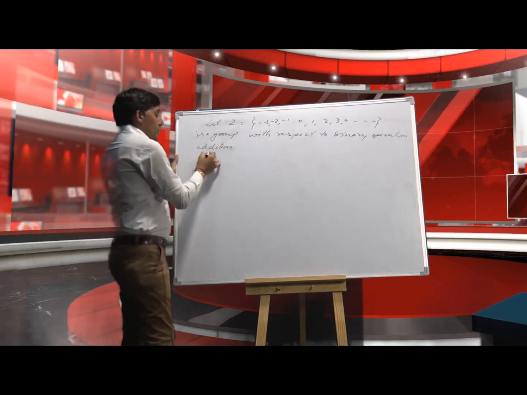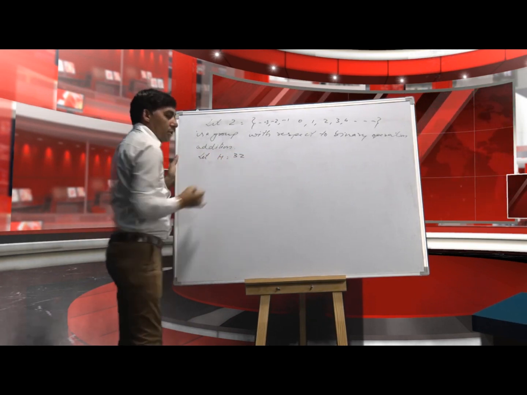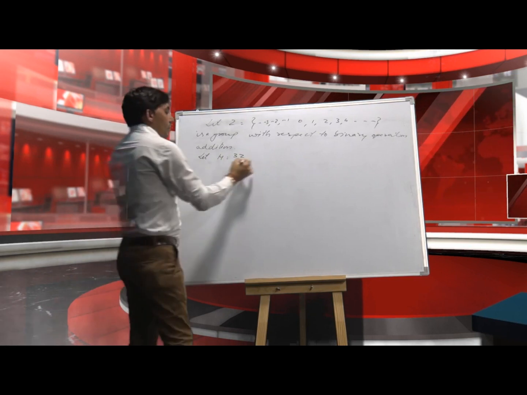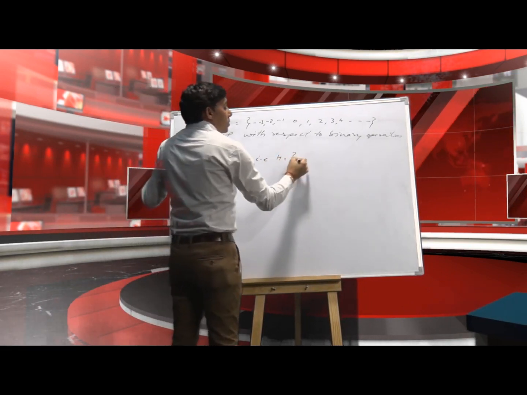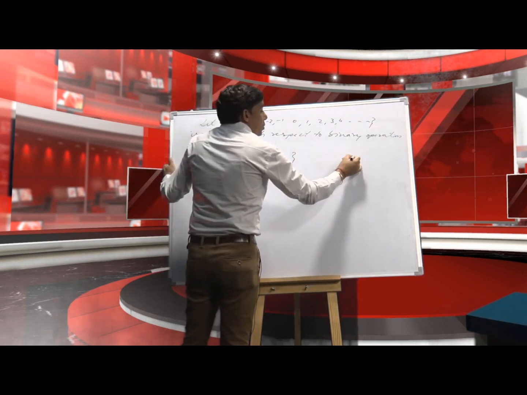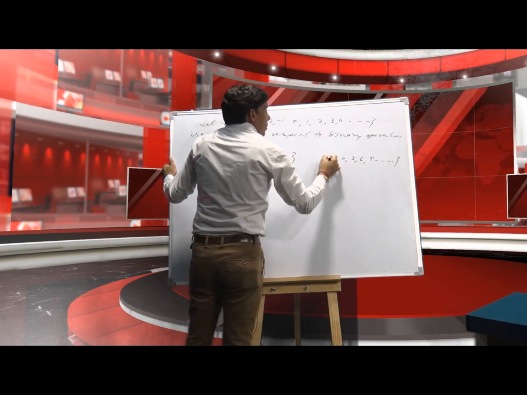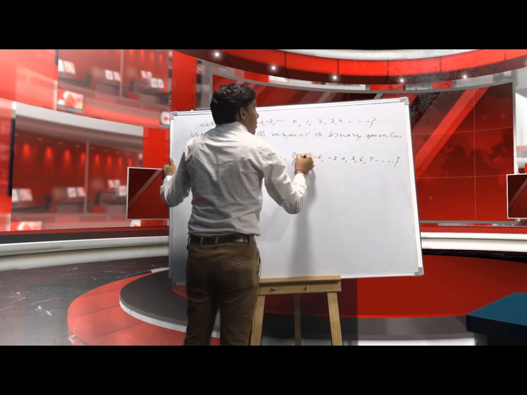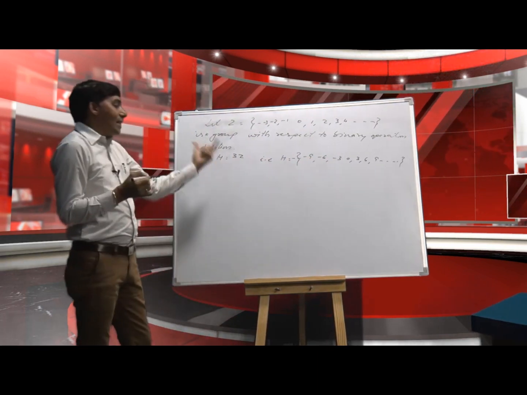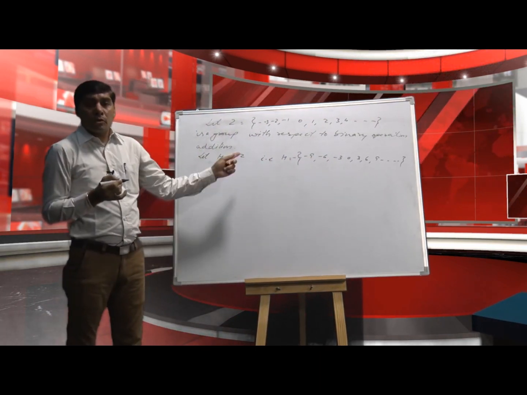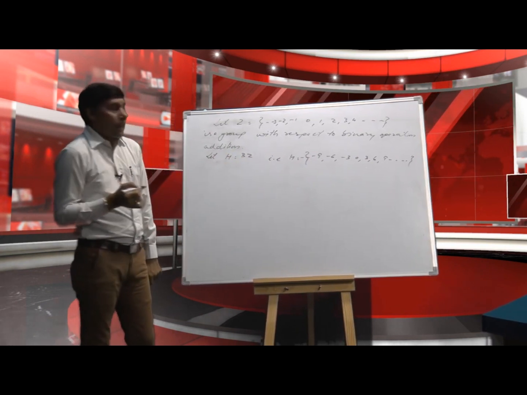Let H equal 3 into Z, that is, H equals 0, 3, 6, 9 and so on, minus 3, minus 6, minus 9 and so on. That means H is the set of multiples of 3.